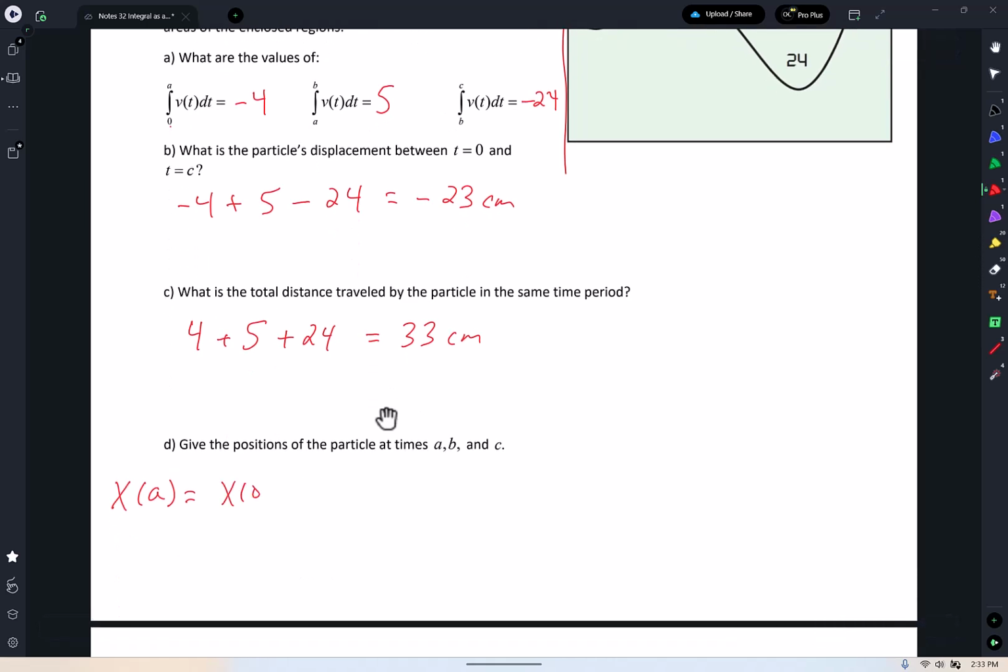I take x of 0, and I'm going to add the displacement, the integral from 0 to A of v of t dt, because that's displacement. Let me circle it here.